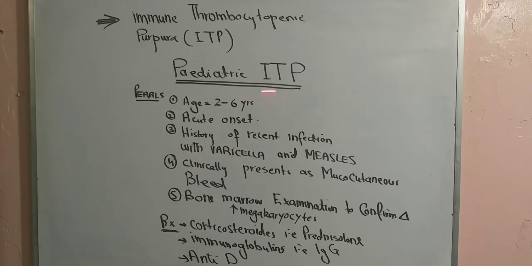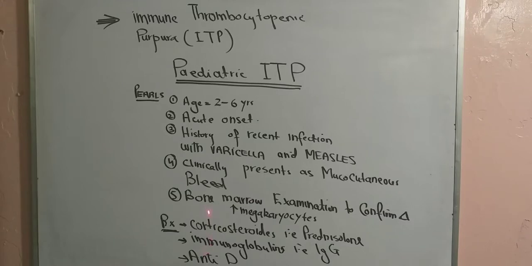This is a diagnosis of exclusion. You need to exclude other causes of thrombocytopenia. On the peripheral examination, there will be decreased platelets, but you may need a bone marrow examination to confirm the diagnosis, because you may find either normal or increased megakaryocytes. There is no problem with the bone marrow, but there is a problem with the destruction of the platelets in the periphery.